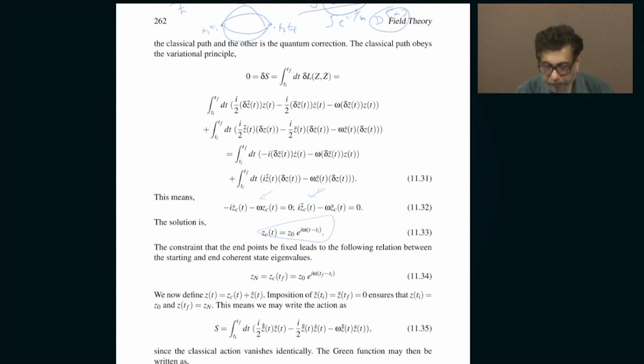Now, we have to also ensure that if the path starts off at t equal to ti with z value z0, then at the end point t equal to tf we postulate that the z value is zn. So that therefore zn and z0 are related in this way.